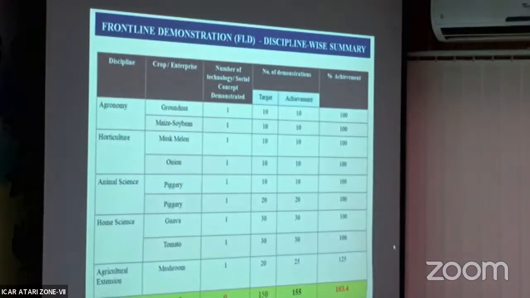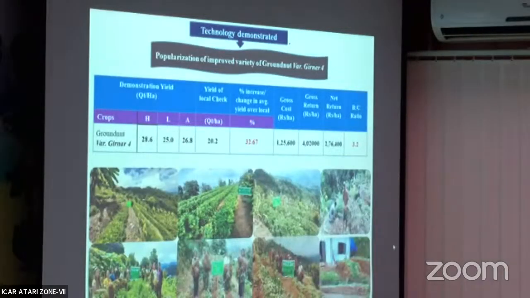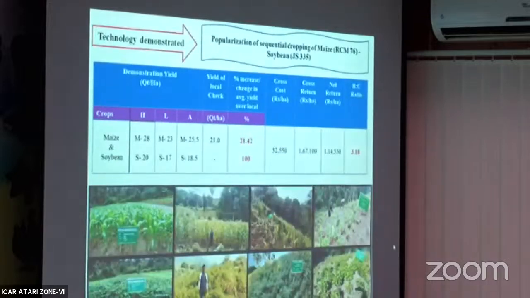From 9 technologies, we demonstrated 155 demonstrations. Here the first one, popularization of improved variety of groundnut, variety Zonal-4. We found 102.67% increase over the local, with a BC ratio of 3.2. And next, popularization of sequential cropping of maize.